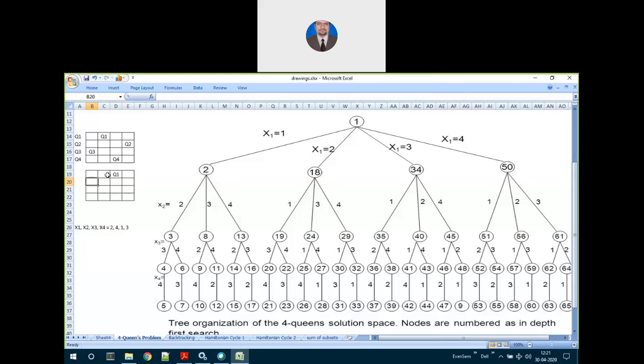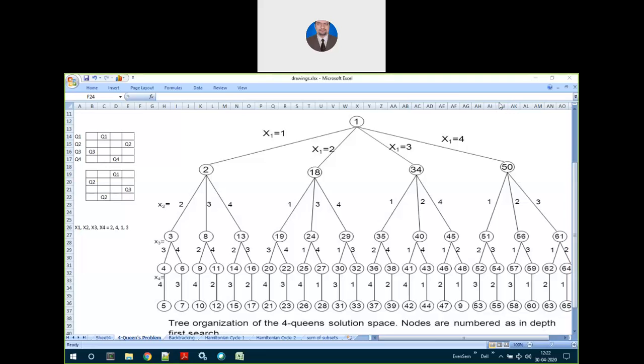Then Q2 will be on the first column. Then Q3 will be on the fourth column, and Q4 will be on the second column. If we place these four queens in this particular order, then all the four queens will be safe. This is another solution. This particular solution over here in the state space tree, I will just draw it.